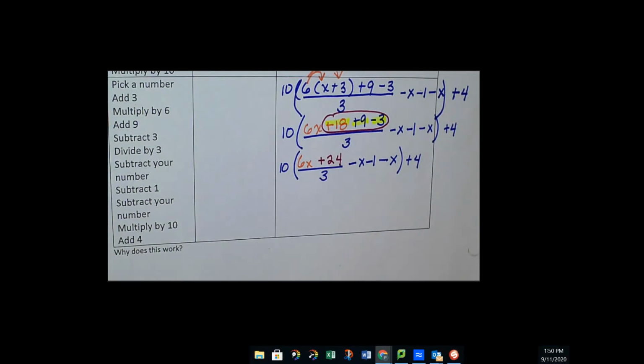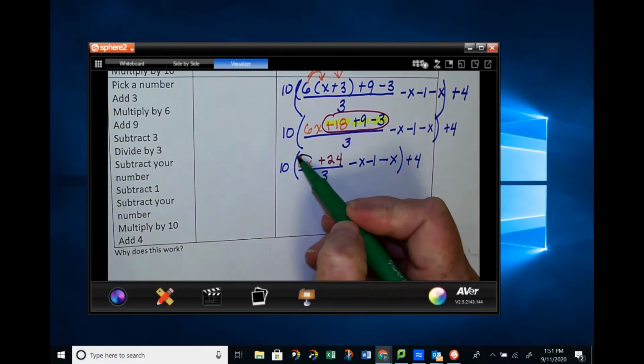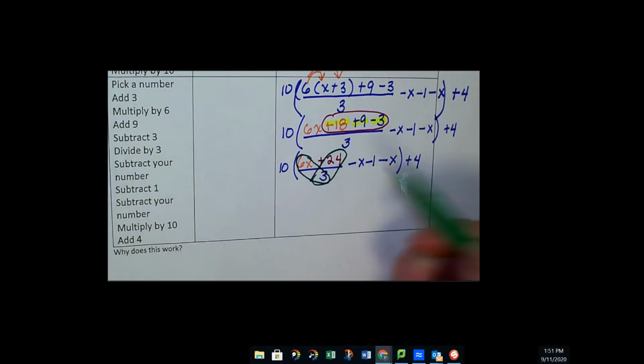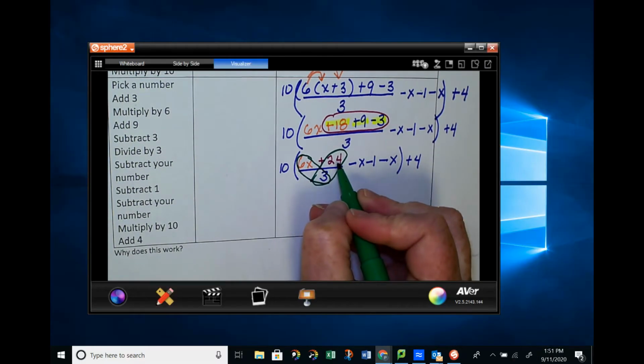So then the next piece of this is, oh, okay. Now we've got to follow the rules where you divide by 3. And you can't just combine the 6x and the 24 because they're not like terms. The 6 has an x and the 24 doesn't.